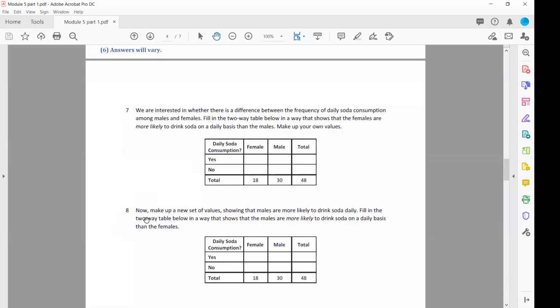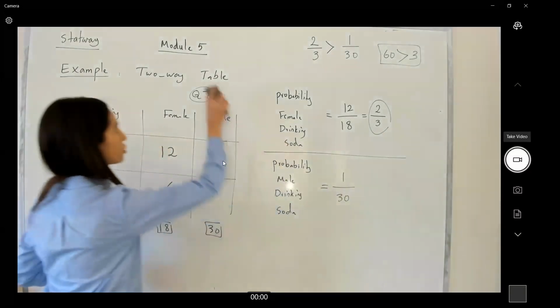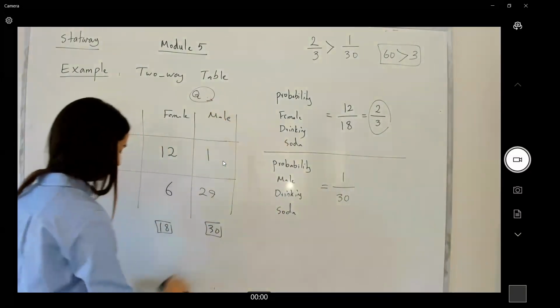Question 8. Now, make up a new set of values showing that males are more likely to drink soda daily. Fill in the two-way table below in a way that shows that the males are more likely to drink soda on a daily basis. We already know the answer. We already created the first table using the researcher's response.